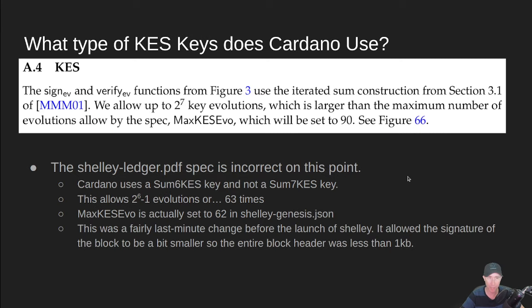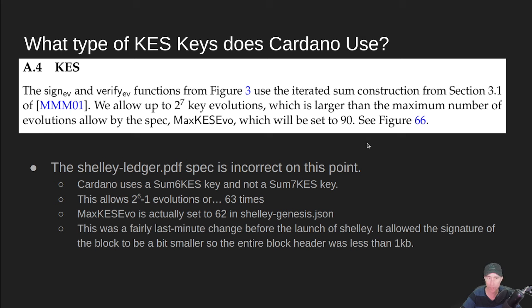So what type of KES keys does Cardano use? There are several flavors of key evolving signatures. If you look at the Cardano spec, it actually has an incorrect bit of information there. Early in the development of Cardano, they were thinking of using sum 7 KES keys that allowed 2 to the 7th key evolutions.